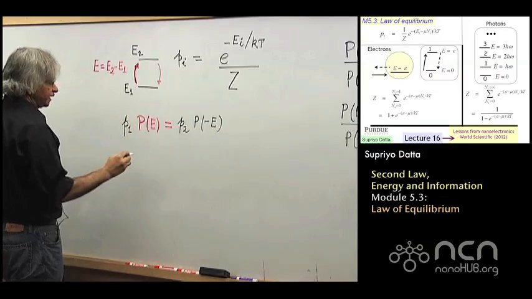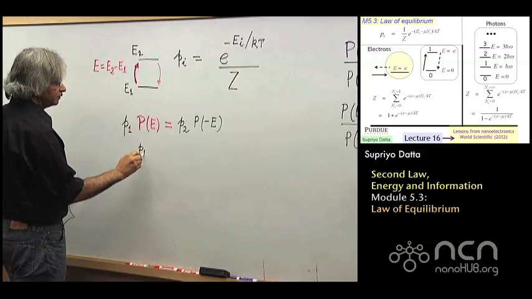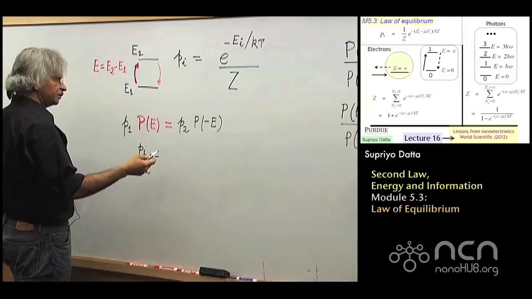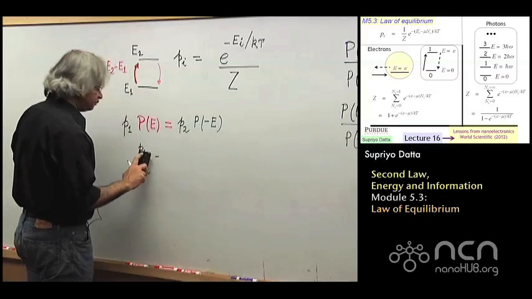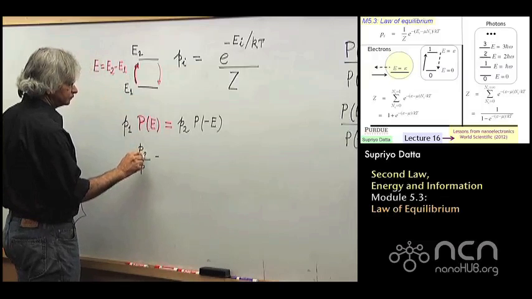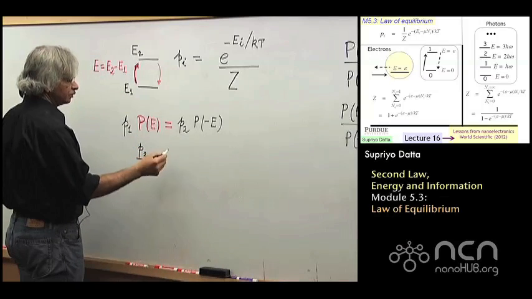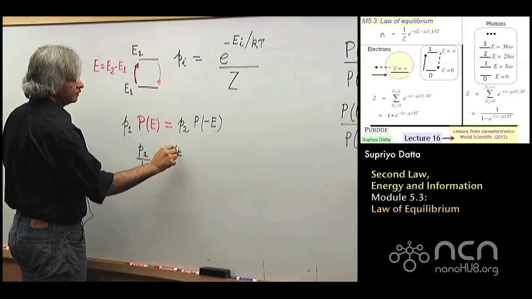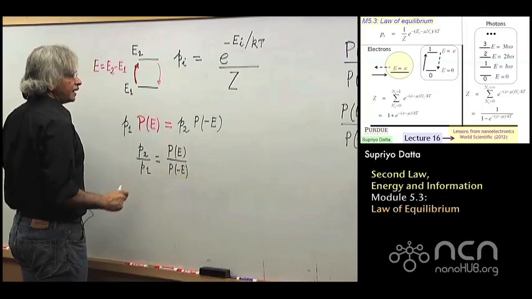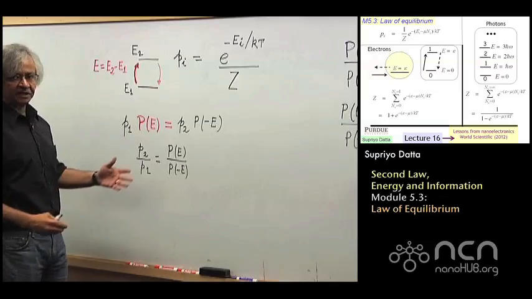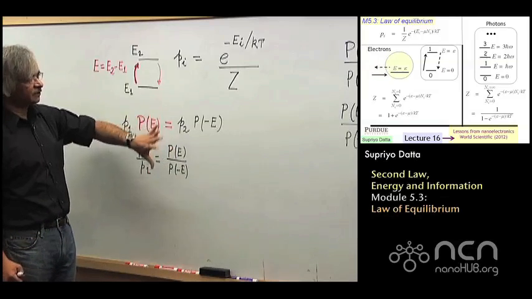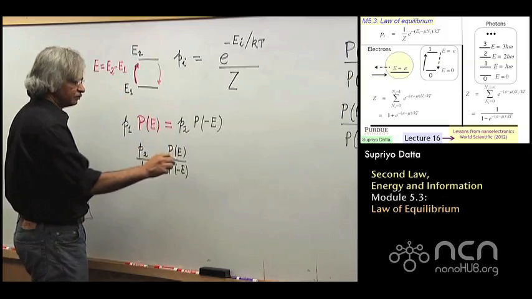And what that tells you then is that P2 divided by P1 is equal to P of E divided by P of minus E. And this is the thing that I said earlier. The basic rule is that absorption and emission must have this ratio of exponential minus E over KT.